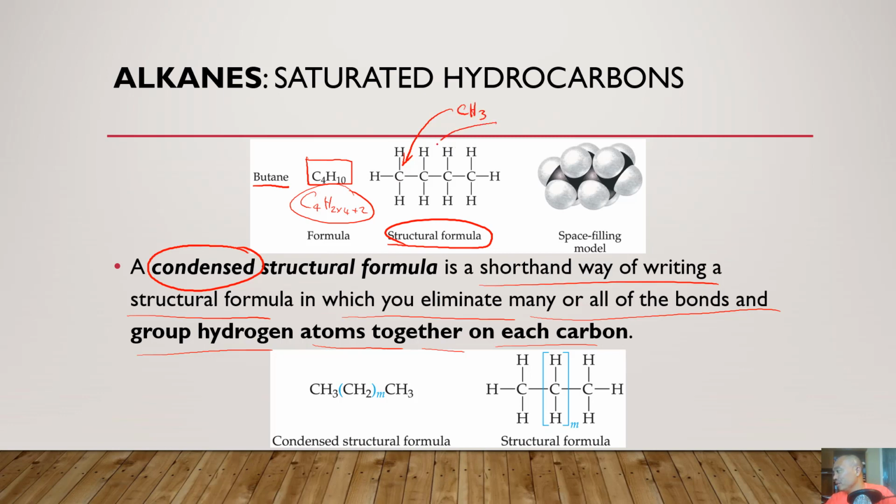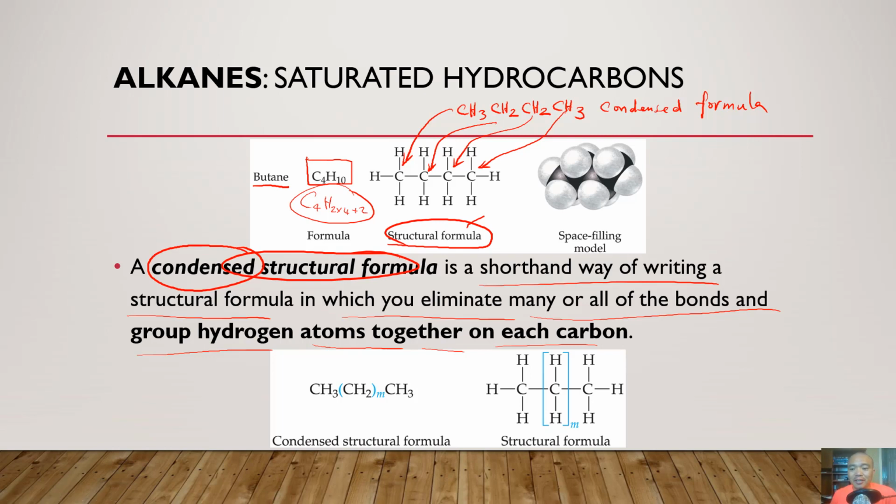Now for the next carbon, you have 2 hydrogens, so it becomes CH2, right? Then this carbon has 2 hydrogens, so you put CH2. The last carbon here, you have 3 hydrogens on it. So this structural formula, when you condense the hydrogens on the same carbon, becomes a condensed structural formula, or you can simply call it the condensed formula. Both are the same.